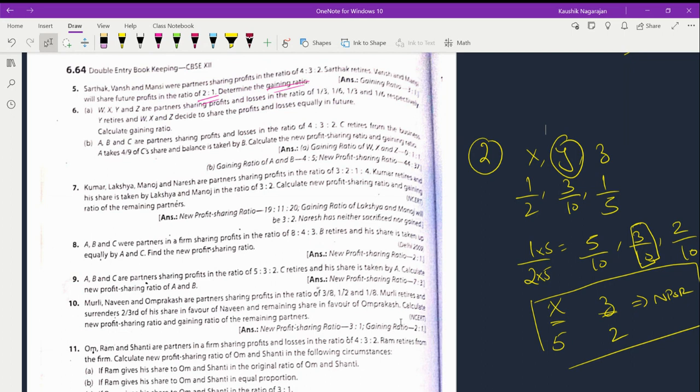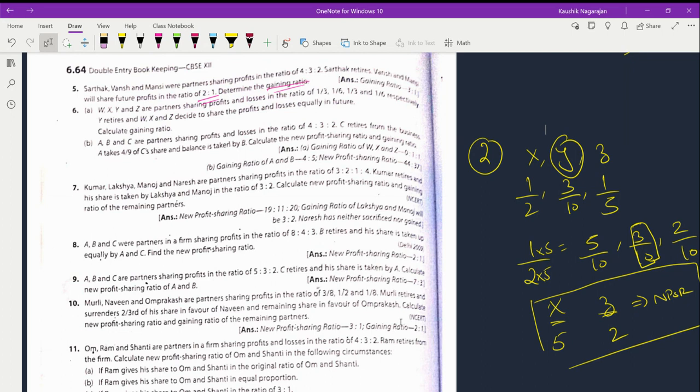The next one, the 10th case, mentions Murli, Naveen, and Om Prakash as partners sharing profits and losses in the ratio 3 by 8, 1 by 2, and 1 by 8.